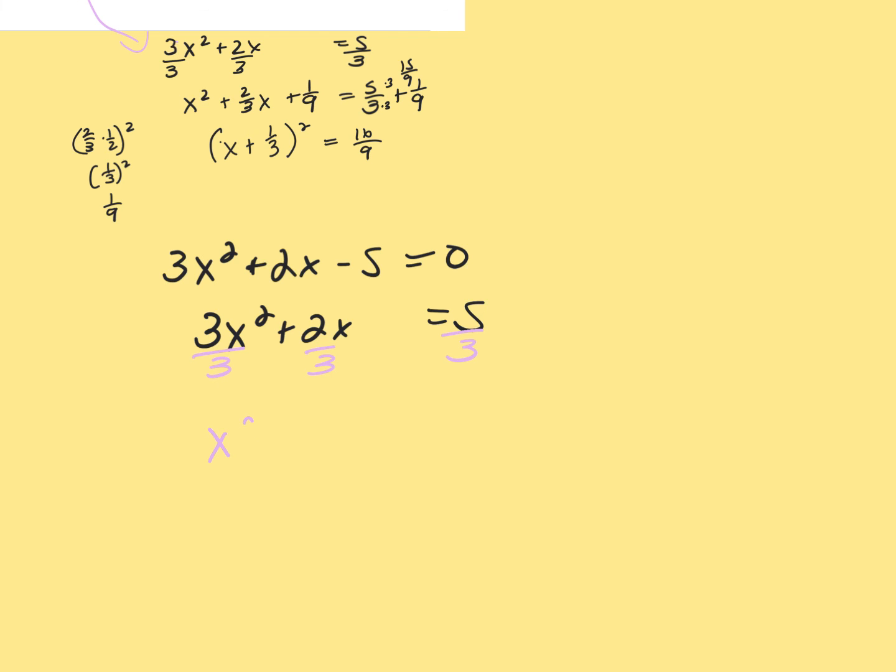So I'd get x squared plus 2/3 x. The other side of my equal sign is the fraction, which is yuckier there, but I don't have anything on the front of my parentheses. Does that make sense? And then I can go through the process like I did before. Middle term divided by 2, squared, the whole bit. So yeah, you can do this for any other ones, like the one that we just did.